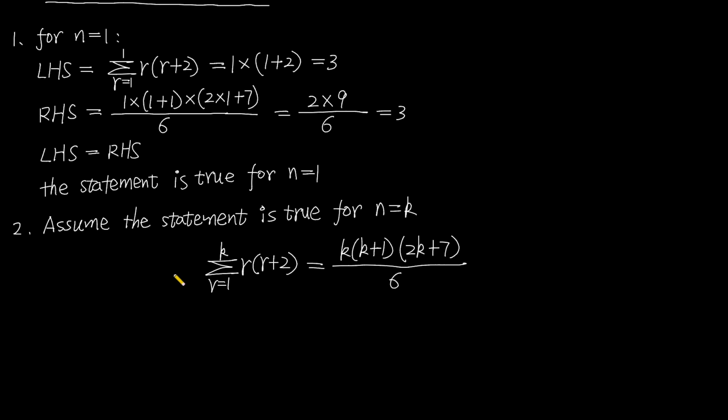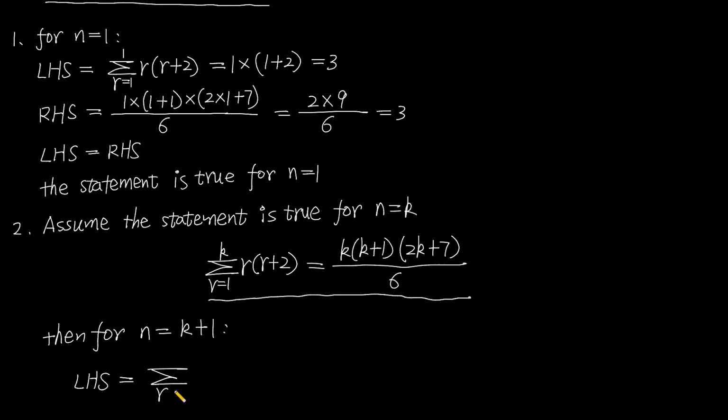So assume this statement is true. Then for n equals k plus 1, the left-hand side equals the sum from r equals 1 to k + 1 of r(r + 2).